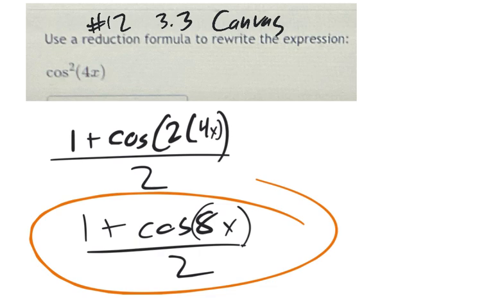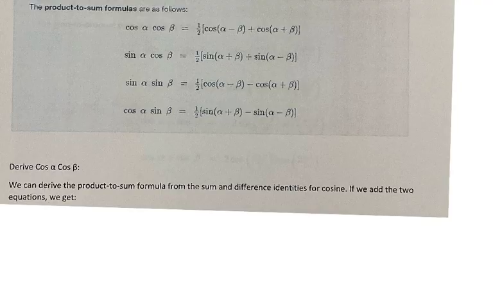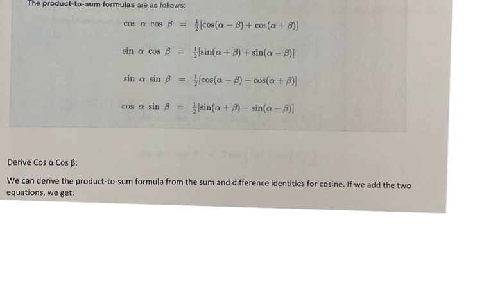If you click the answer key, is that what it shows? Because there's different forms for all these. Yeah. Okay. So that is what they're looking for. So we'll show you one. It tells me we're going to get these formulas from the sum and difference identities for cosine. If we add the two equations, we get... So I'm just thinking here, I'm writing down the sum and difference of cosine.